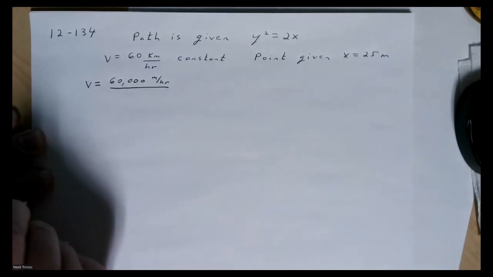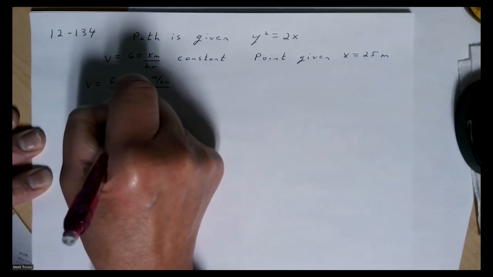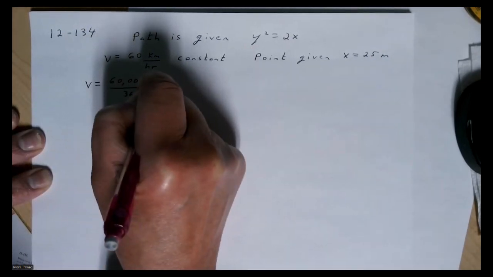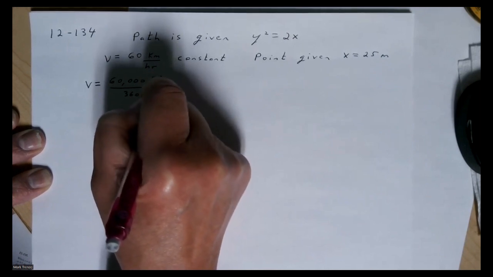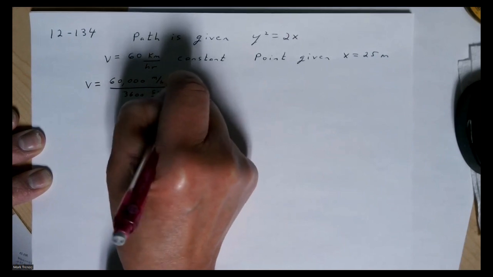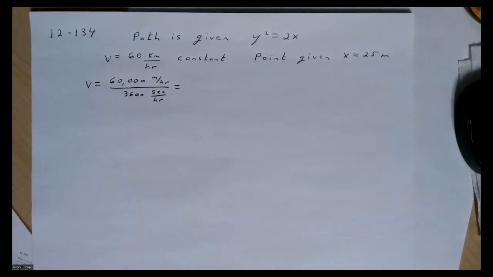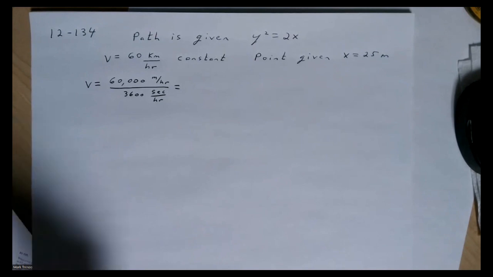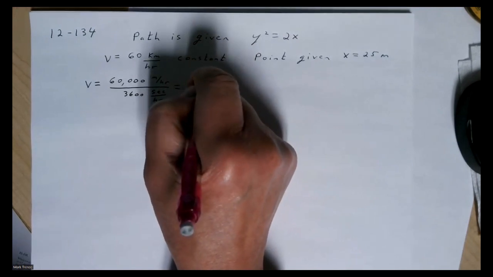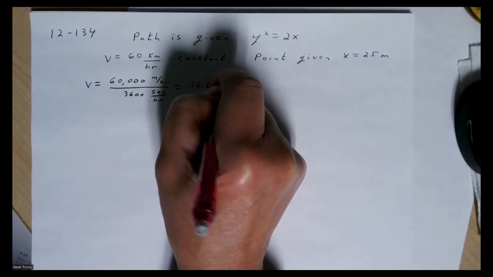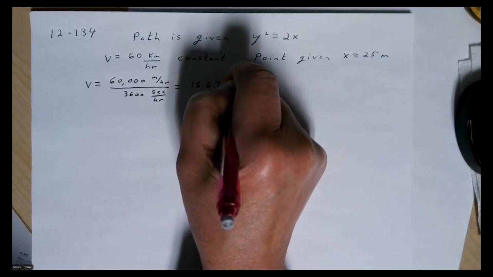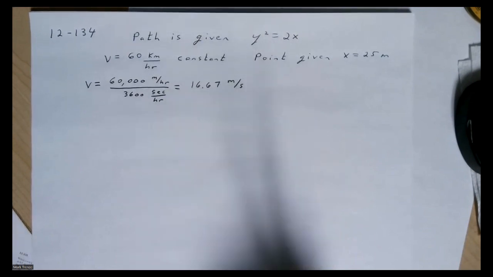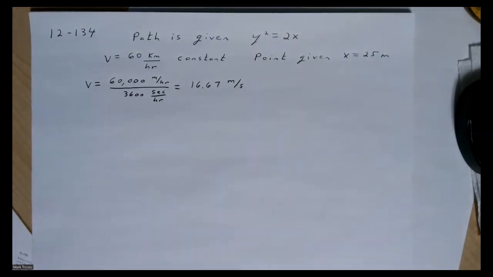Now, if we divide that by 3,600 seconds per hour, that'll give us 16.67 meters per second will be the velocity.